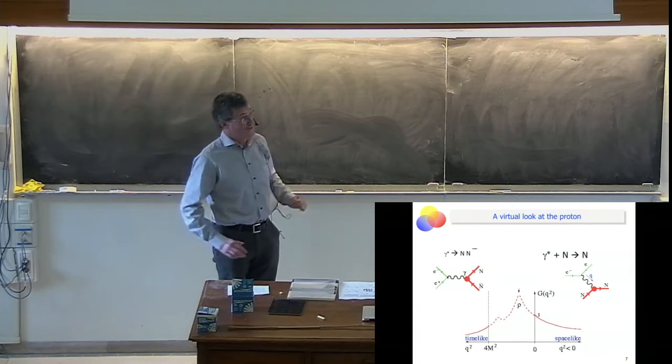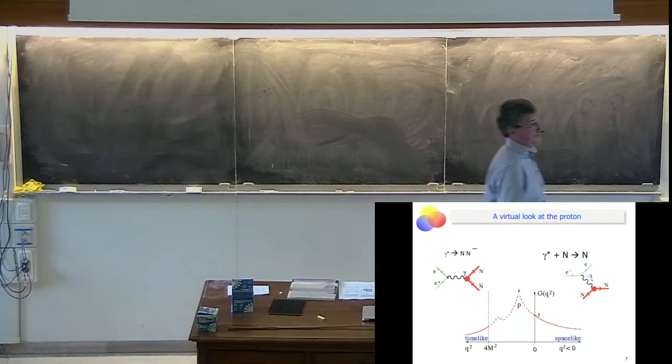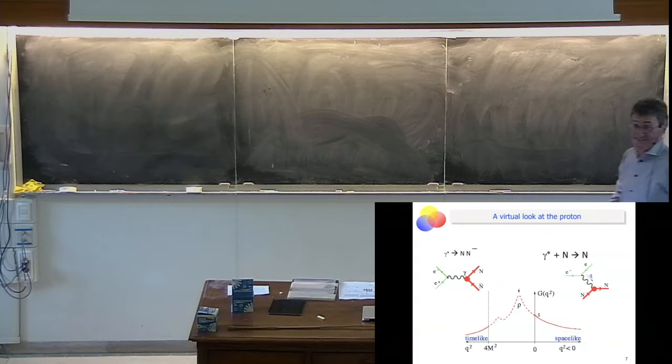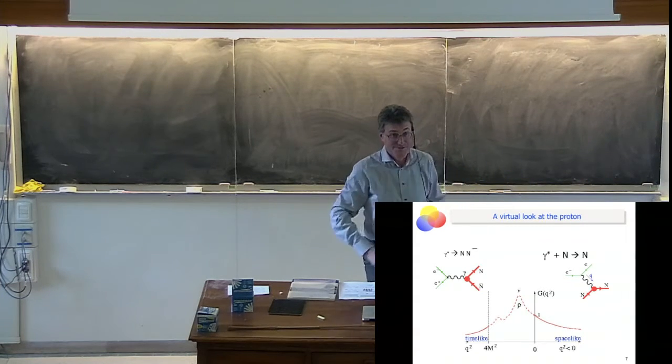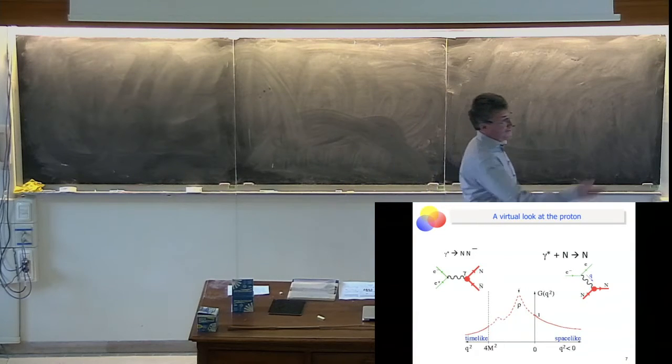And here you see an exchange variable q. And indeed, q squared is like the t in any 2-to-2 process, negative. That was also in Mike's talk. So you can measure negative q squared or positive q squared.